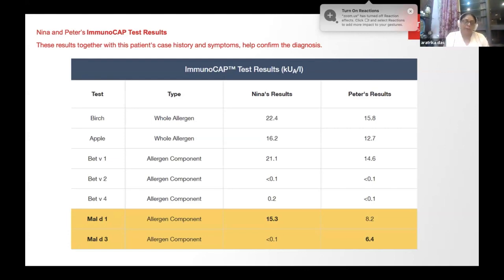In the bottom-up approach, what we do is we identify each and all the molecules and their potential clinical relevance. Each antigen has several molecules, and we have to identify those molecules, that is again by the CRD technology, and the relevance of those molecules to formation of the symptoms.